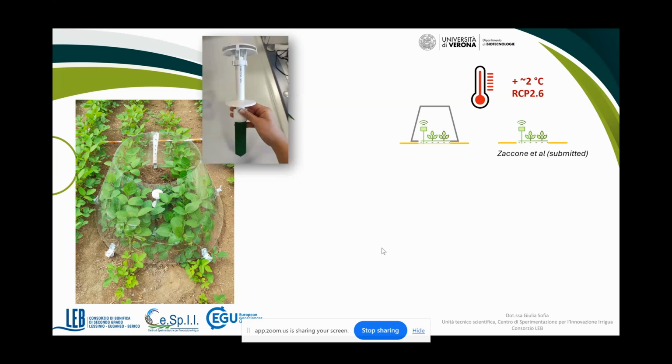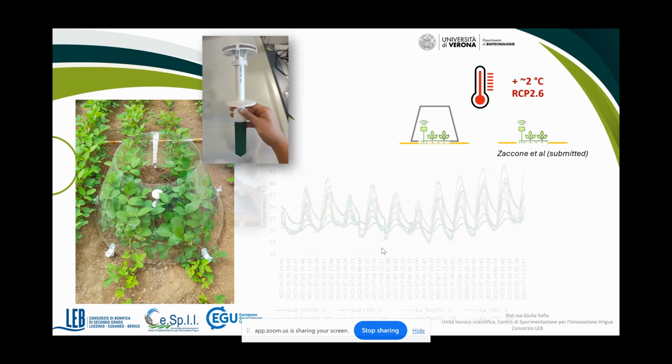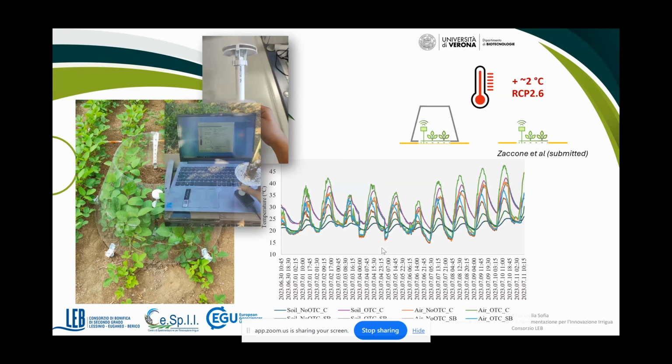Each chamber has been monitored with sensors throughout different seasons, and we can see that we are able to maintain a 2-degree increase in the area underneath the greenhouse as compared to the outside. Within each plot, different plants have been planted. The same amount of plants is within the chamber and outside.